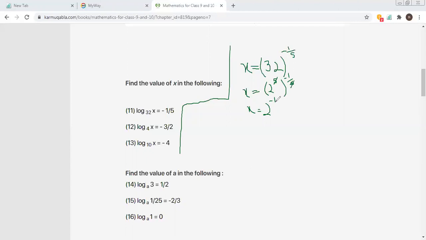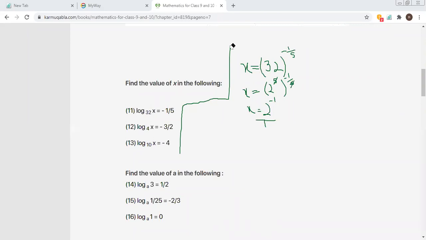The power exponent is in minus form, so we will convert it into positive form. We will take the reciprocal. Class, 1 is in denominator, so we will take the reciprocal. Why are we taking the reciprocal? Because 2 has a negative power.